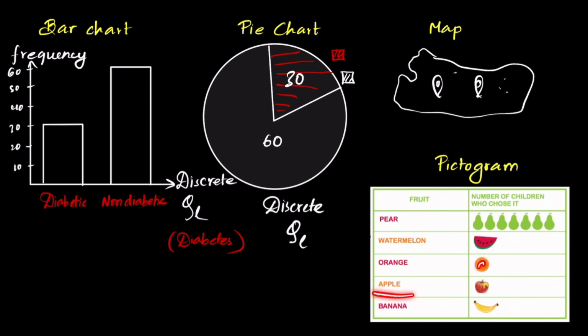Orange by one child, apple by one child, banana by one child. Or one fruit could be representing 10 children. In that case, the number of children who like pear is going to be 70. 70 children like pear, 10 children like watermelon, 10 children like orange, 10 children like apple, and 10 children like banana.